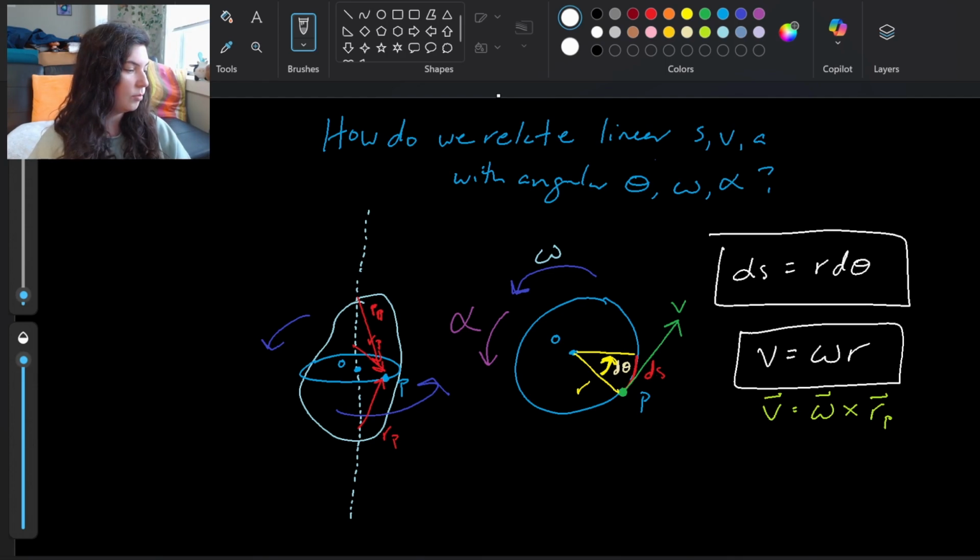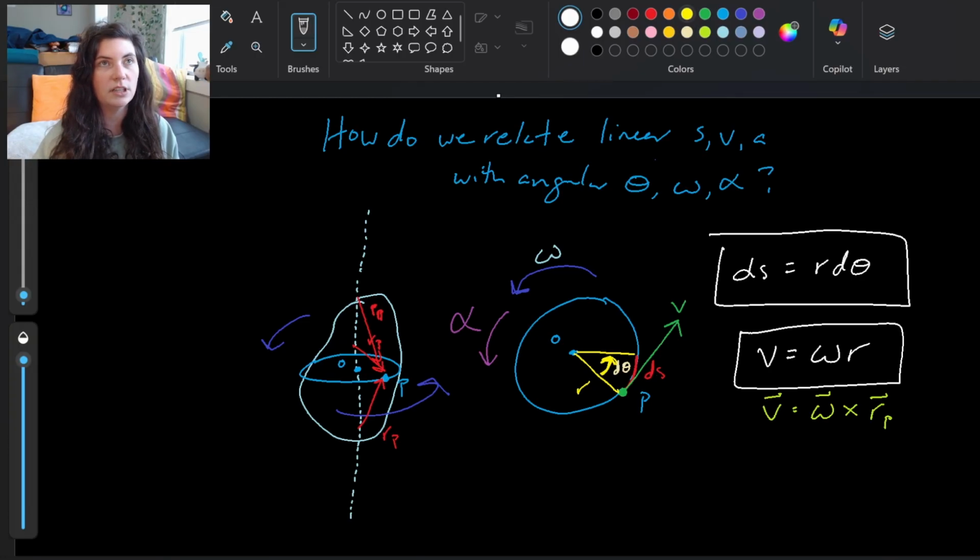And then by that same thread, if we think about our accelerations, remember that around this disk we're moving in a curve, right? This rotation is acting like curvilinear motion.